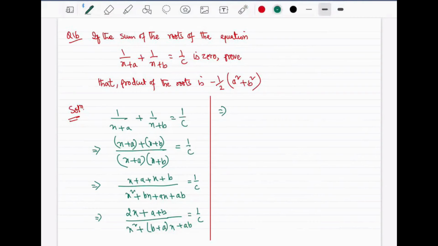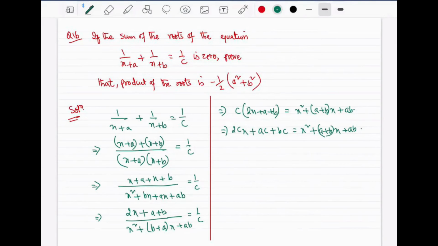So when you multiply 2x plus a plus b and c, we're getting like this. So open the bracket, we're getting 2cx plus ac plus bc is equal to x square plus a plus b whole x plus ab.